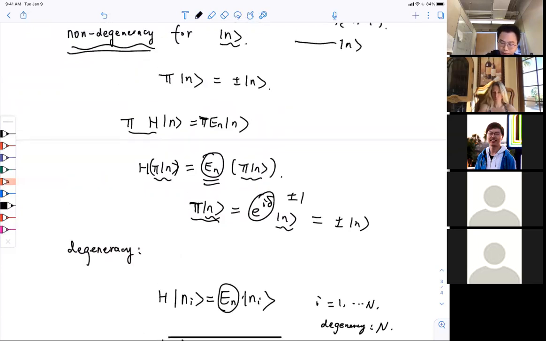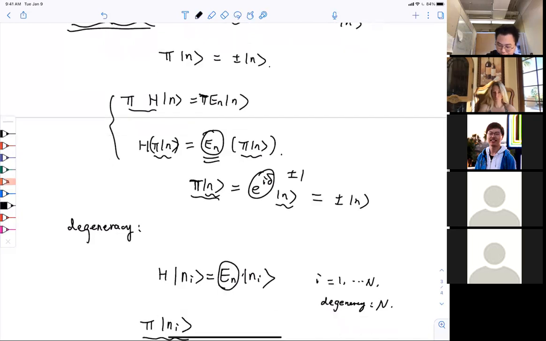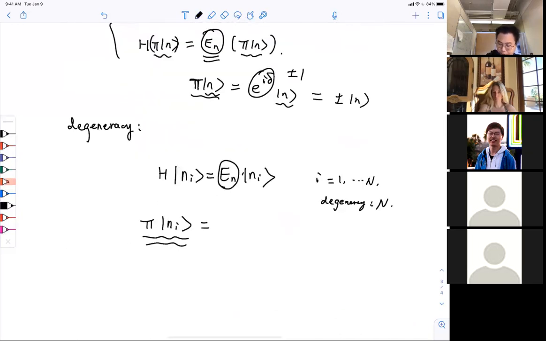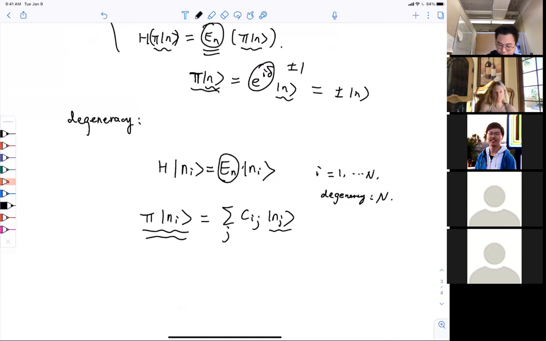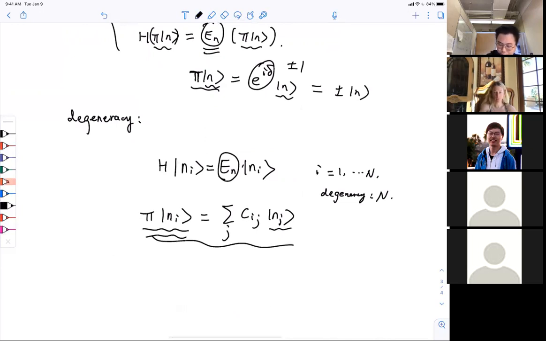Same argument we applied here. But in this case, what we can say is this is a linear superposition of all the other states in this degenerate space. And we know from this equation, we can find the elements.